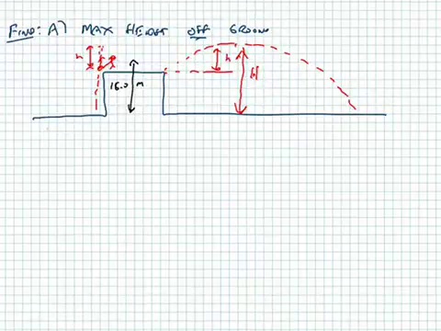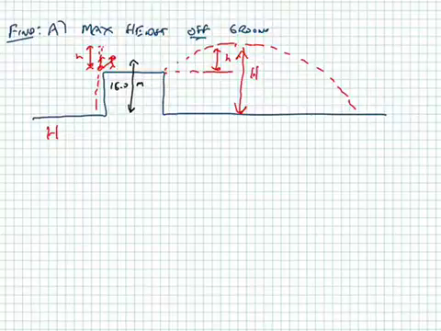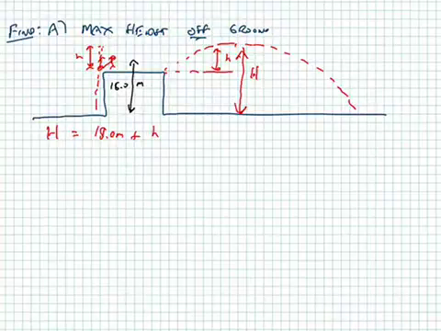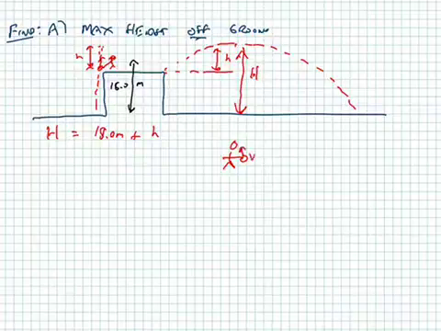And so my big H is going to be equal to 18 meters, the height of the cliff, plus the little h, which is the height the ball goes if the person throws it up with Vy naught equal to plus 17.3 meters per second.